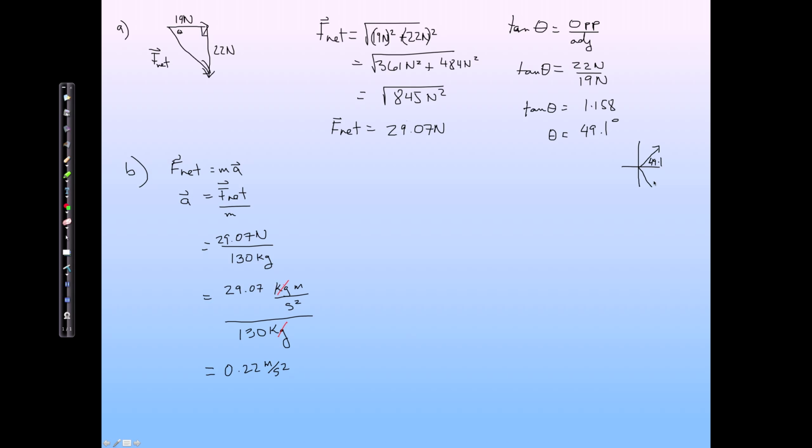Right? So, being that this is south, and I'm going to erase all of this stuff so we don't get confused.